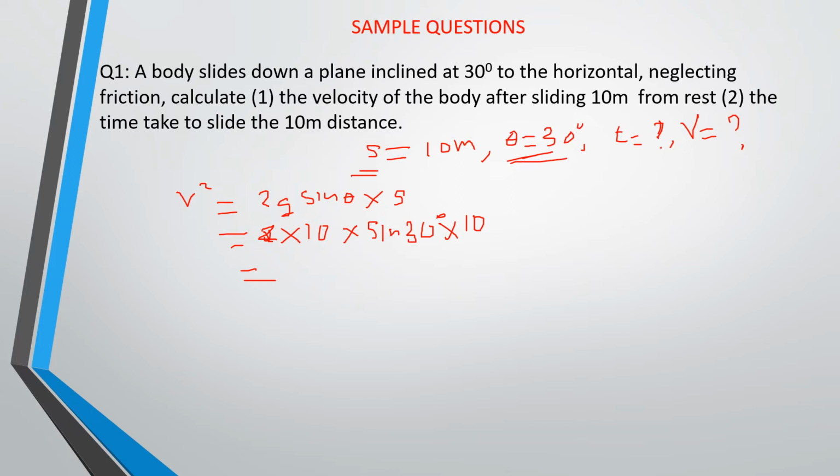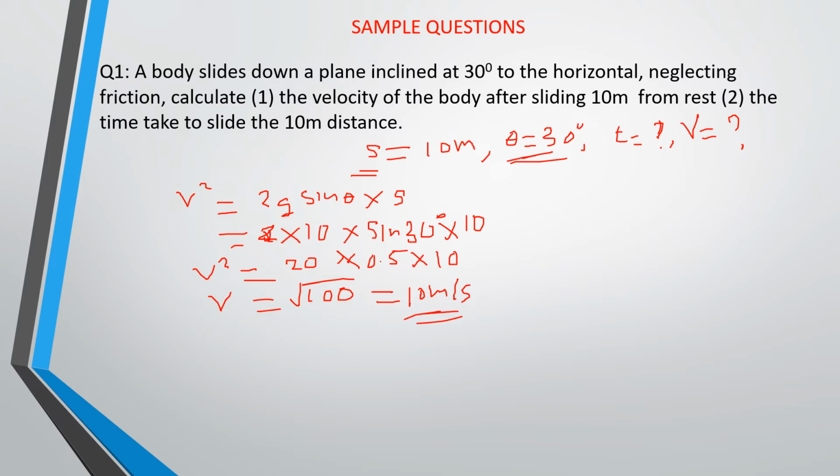So if you multiply all that out, this will be 2 times 10 times sine theta, which is 0.5, times 10. So v will be equal to the square root of all that, and all that is equal to 100. So your v now will be equal to 10 meters per second.